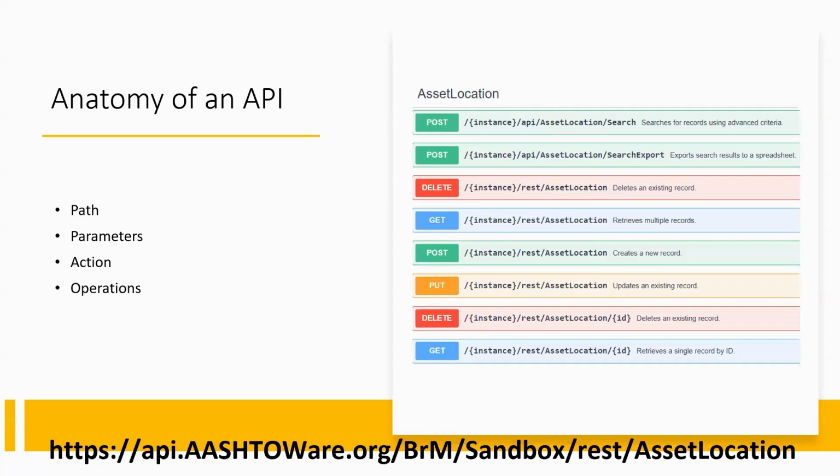So again, looking at the APIs for what we'll see in BrM, very similar to what you would see as a web address. However, the ability to provide inputs, receive outputs, and define the actions around a particular URL, that is really at the base of the API delivery.